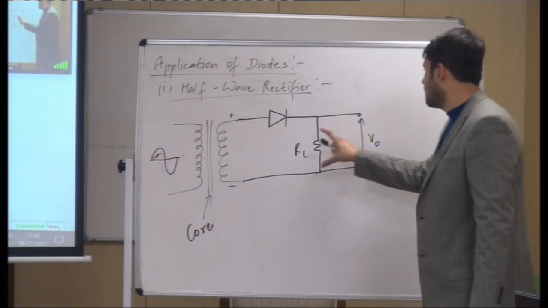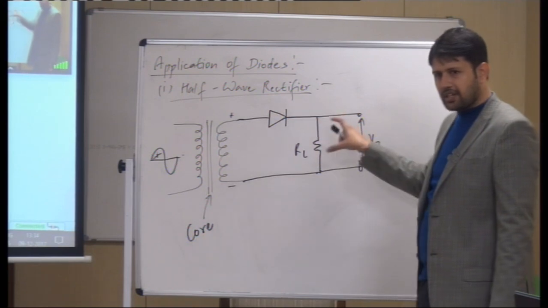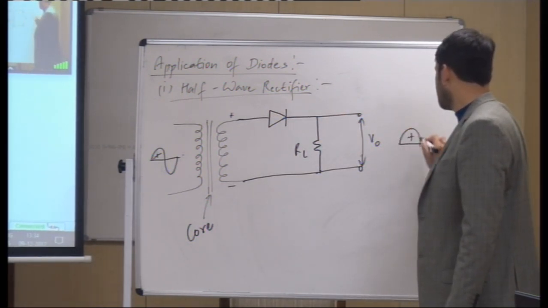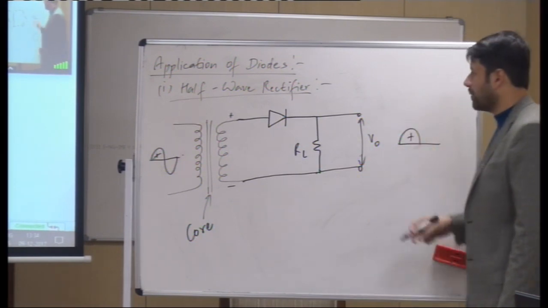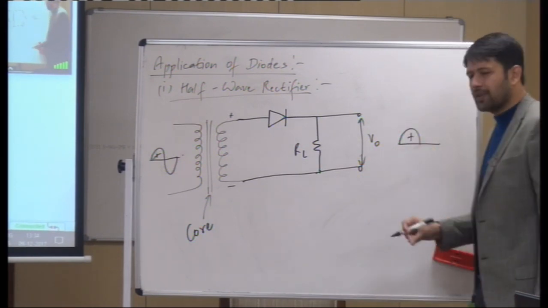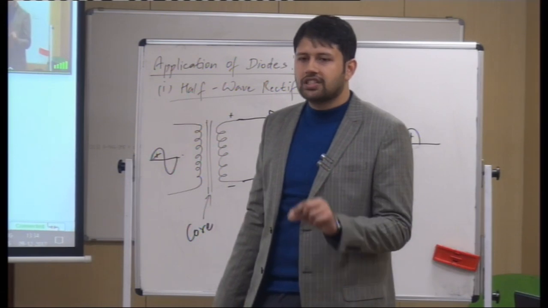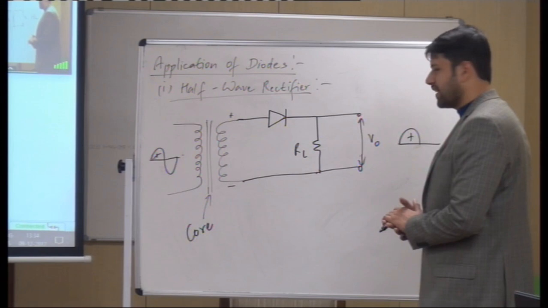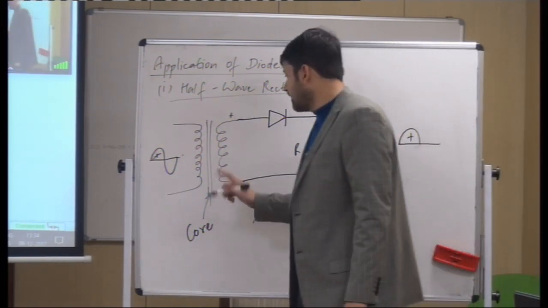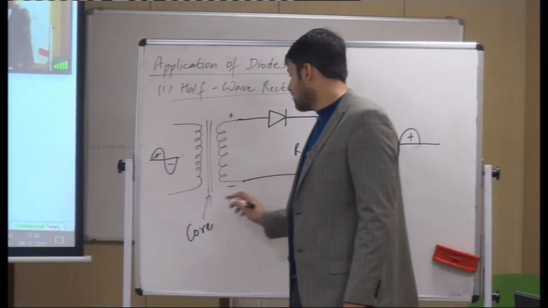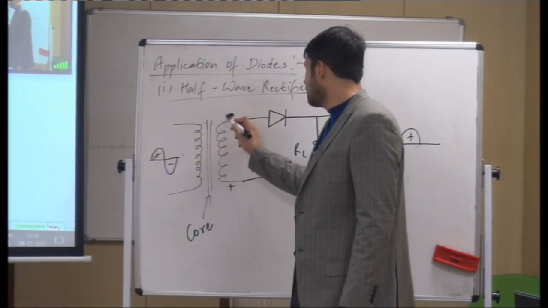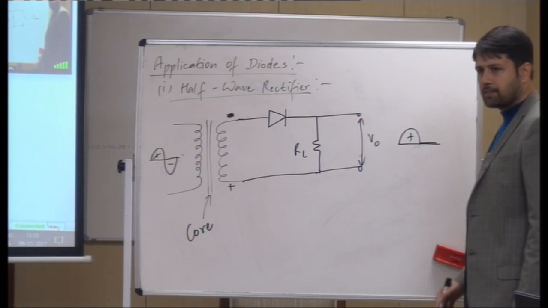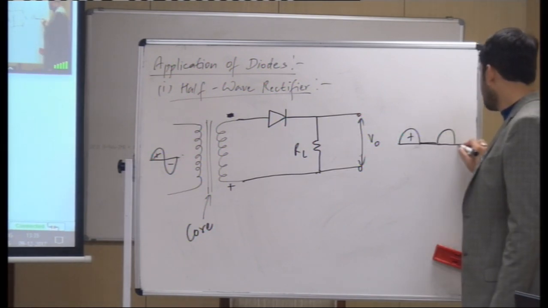And the whole of the input appears as output, so the output would be the same. A slight drop in output is observed because the diode is not ideal. It would take out 0.7 volt for its own use. Now, in case of the negative cycle, this becomes positive, this becomes negative, no current, so the output is 0. So the output would be something like this.